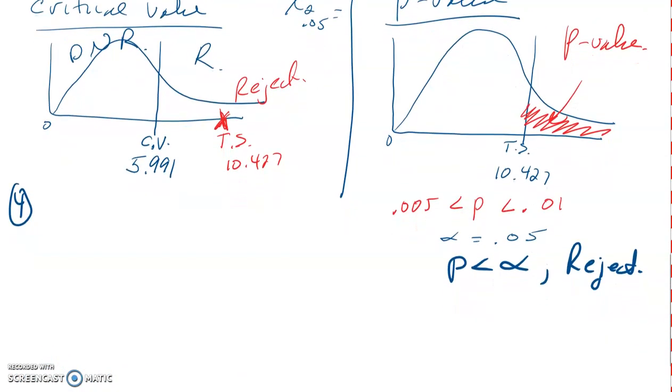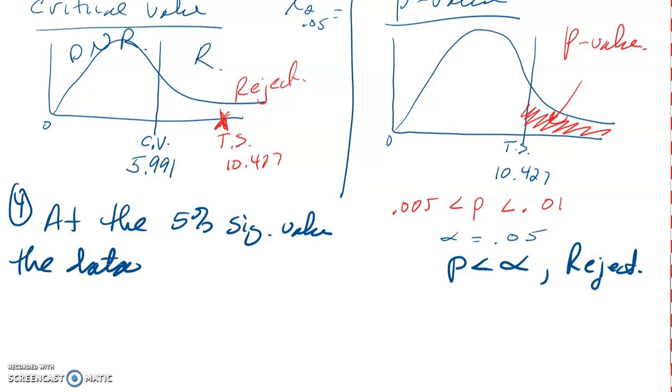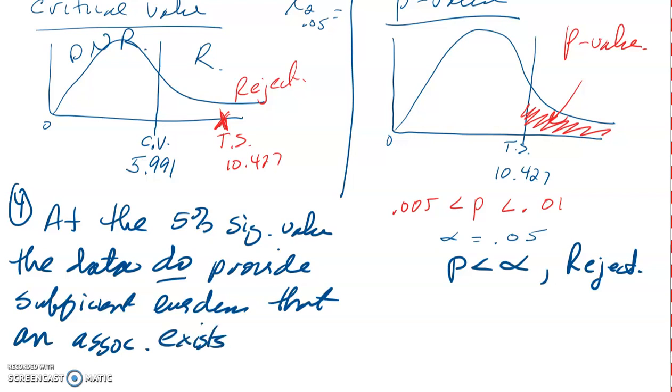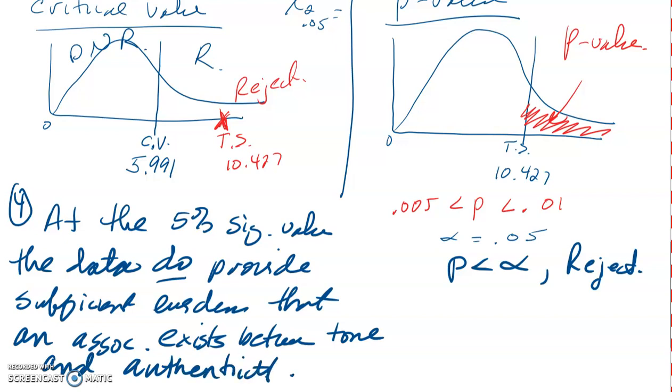Of course, we would now write: at the 5% significance level, the data do provide sufficient evidence that an association exists between tone and authenticity. Okay, thanks.